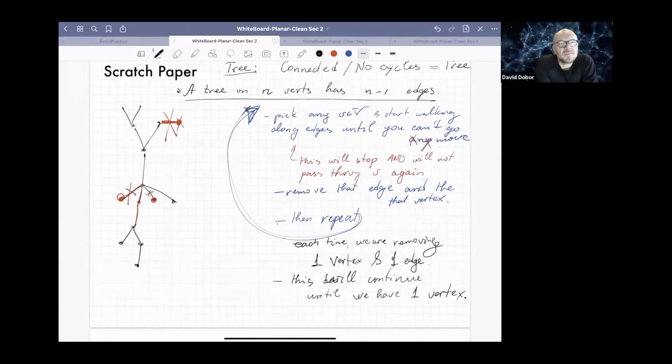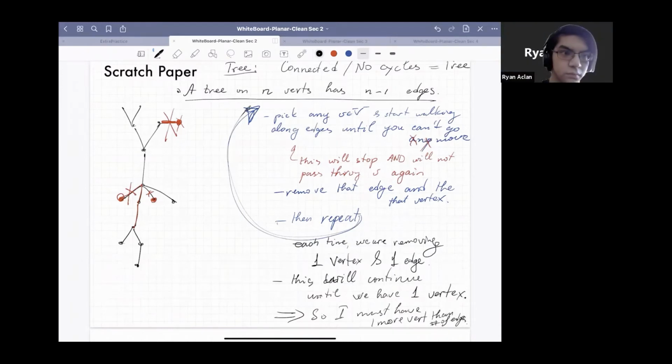People agree? So I must have one more vertex than the number of edges. People agree? That proves it.